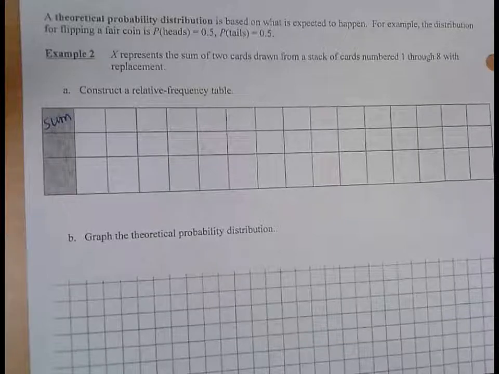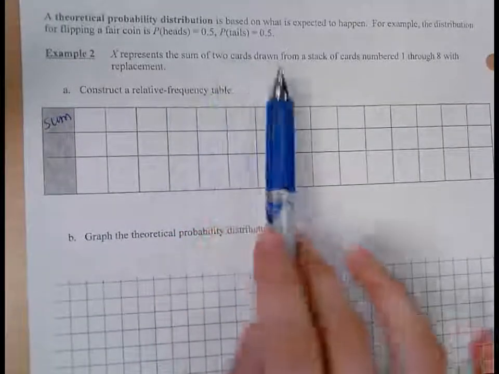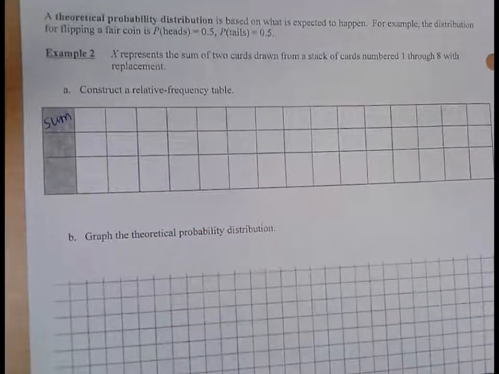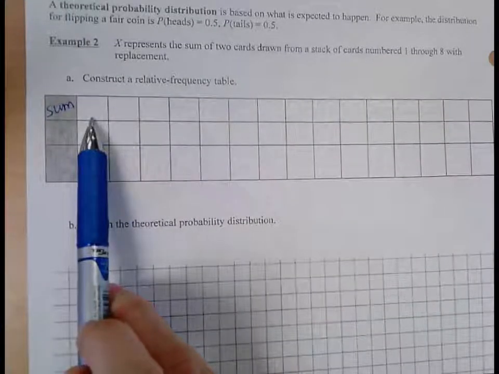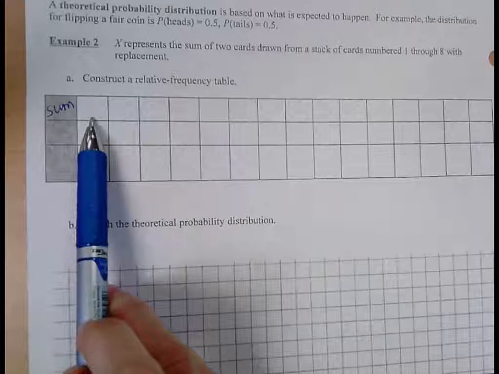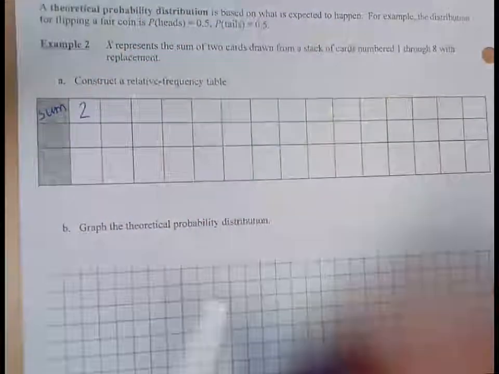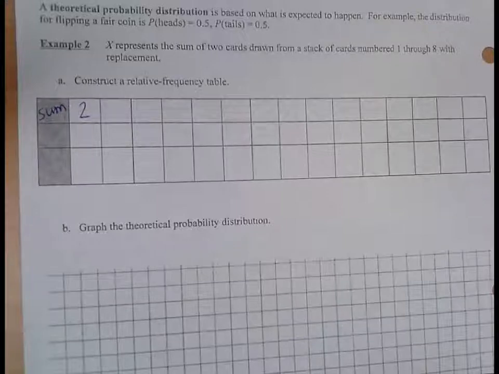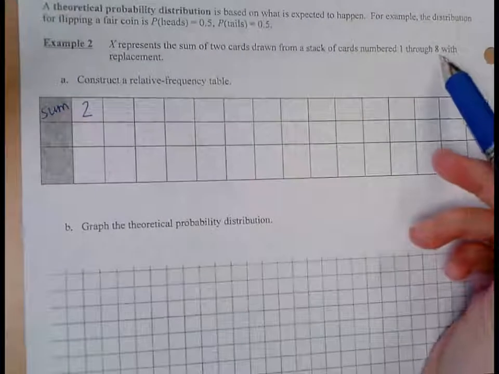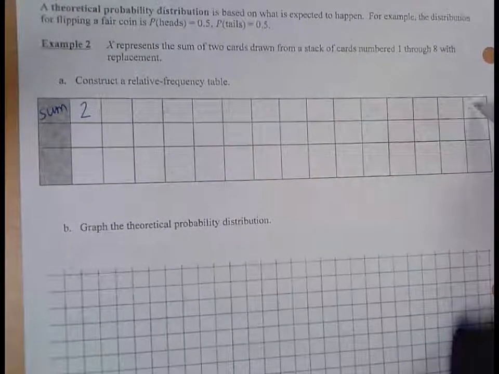And we can actually think of it this way. If you have cards numbered 1 through 8, you're drawing 1, putting it back, drawing a second one. What is the lowest sum you could get? 2. If you drew a 1 and then another 1. What would be the highest sum you could get? 16. If you drew an 8 and then another 8, you could get a 16.